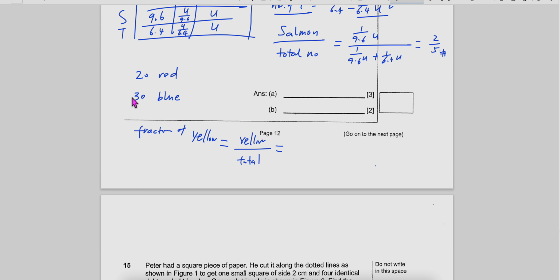And in this case, the yellow is, do you have any yellow here? It's 0. 0 divided by total. Total is these two together, right? The fraction is 0. So that's how you solve this question.